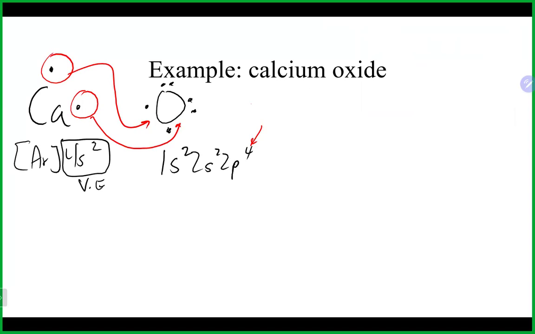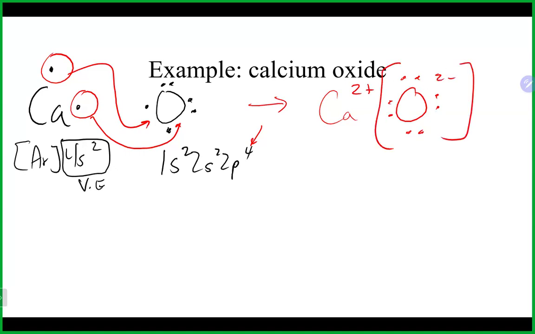The result of that is the calcium at that point, by losing both electrons, will end up with a +2 charge. The oxygen will actually gain 2 electrons, and it's at that point it becomes a -2 charge. And once again, no sharing of electrons, but that attraction between those two charges is what's holding that together.